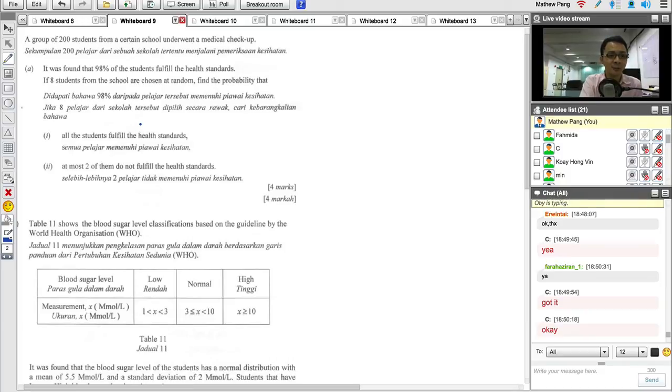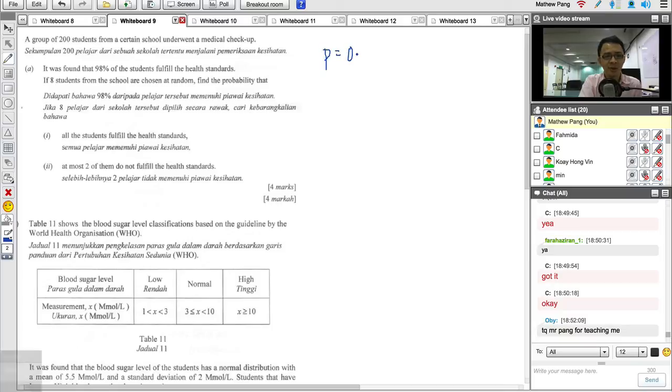Let me try to digest. I think p is actually 0.98 and q will equal 0.02. But what happens to 200 here? Like no function? Let me just read the question one more time.